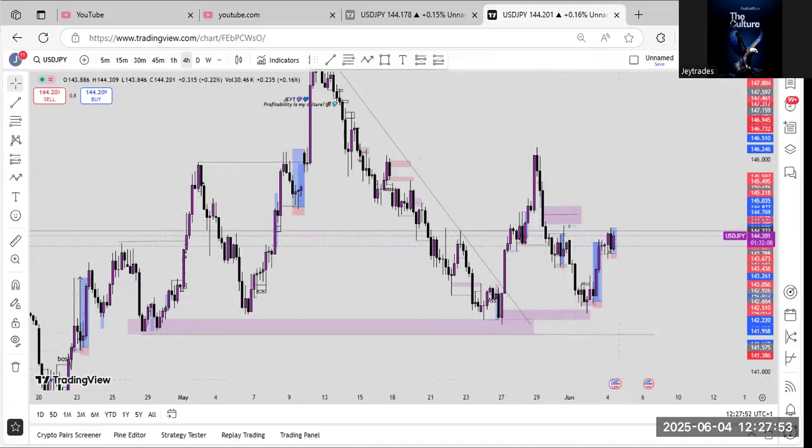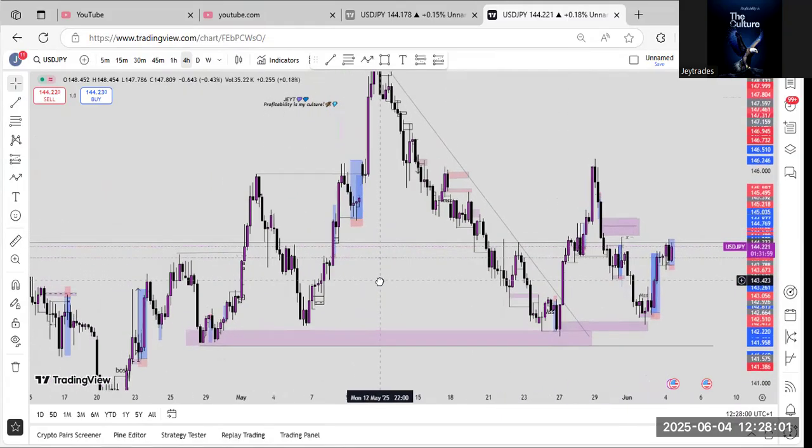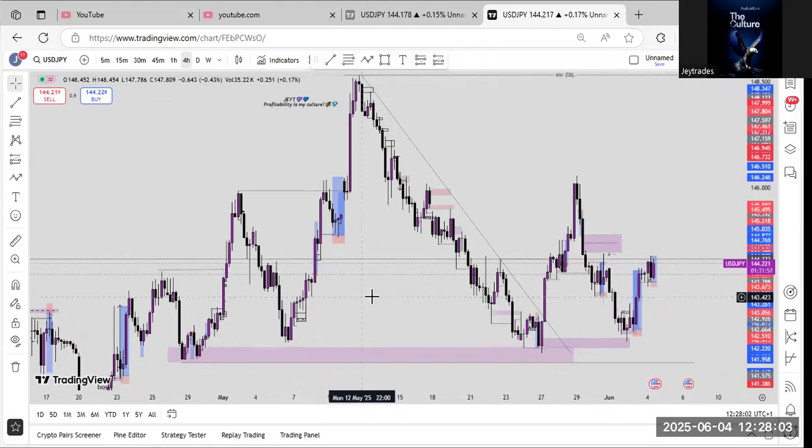So that's how simple you could know your directional bias in the market. That's how you could know where price is coming from and where price is heading to. You already know that we are most definitely going to take out this external range liquidity.